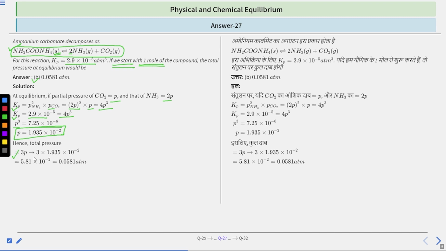So 3P is 3 into 1.935 into 10 to the power minus 2, which is 5.81 into 10 to the power minus 2, and it equals 0.0581 atmosphere. Right, so total pressure is coming out as 0.0581 atmosphere, and hence our option B is correct for this question.